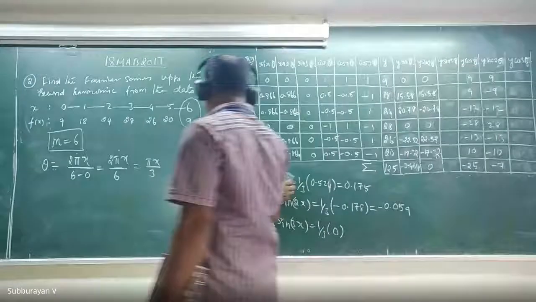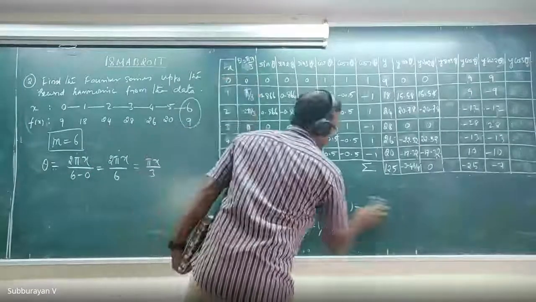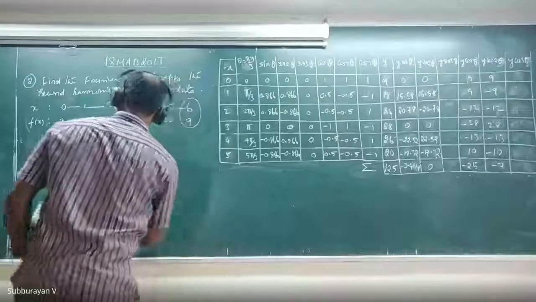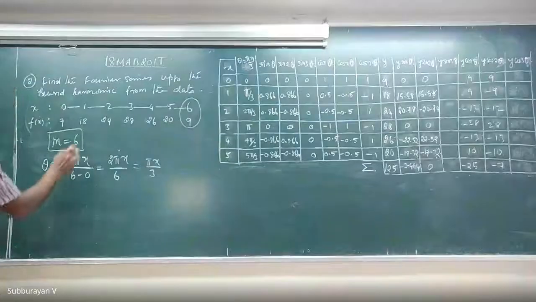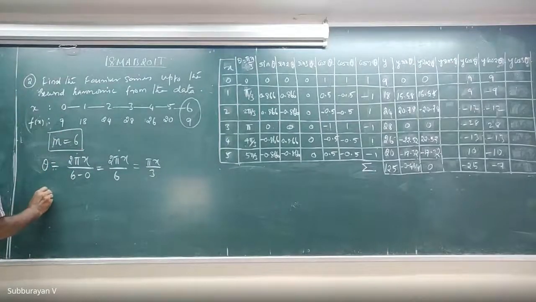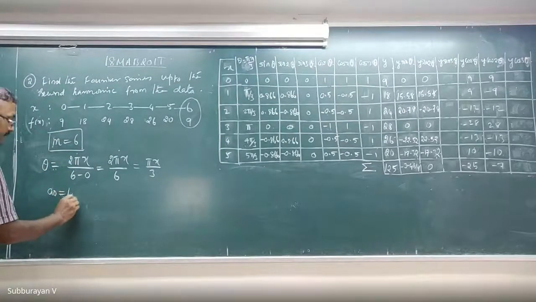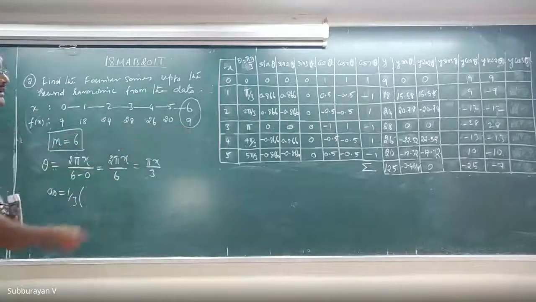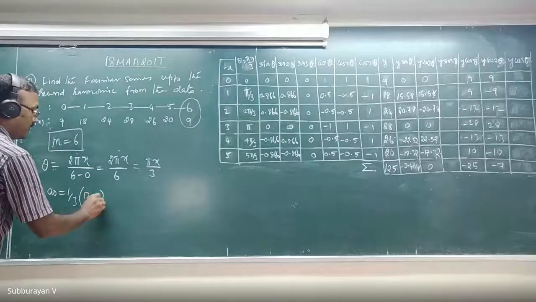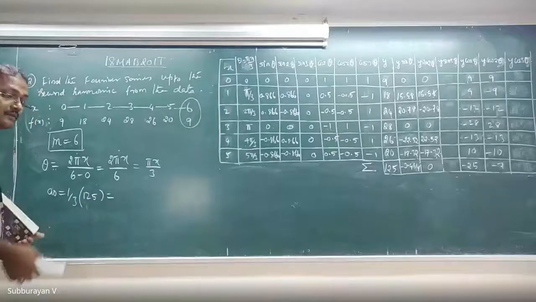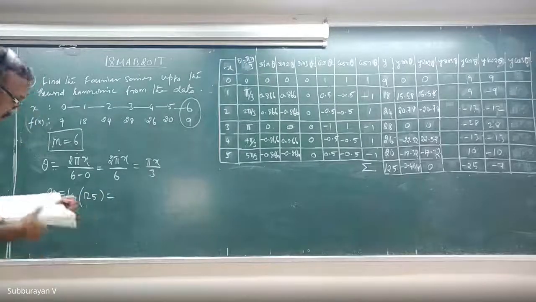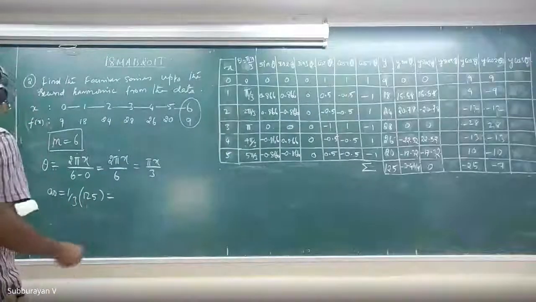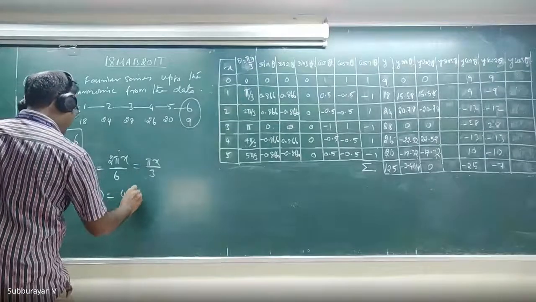Now, plug this expression into your formula. Tell me, what is your A naught? Actually, our m equals 6 here. Therefore, A naught equals 1 by 3 into summation y. Summation y is 125, so A naught is 41.67.